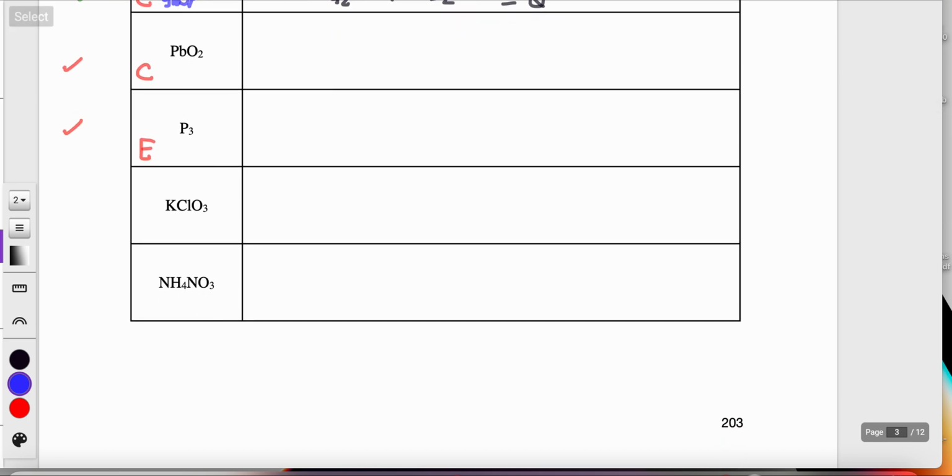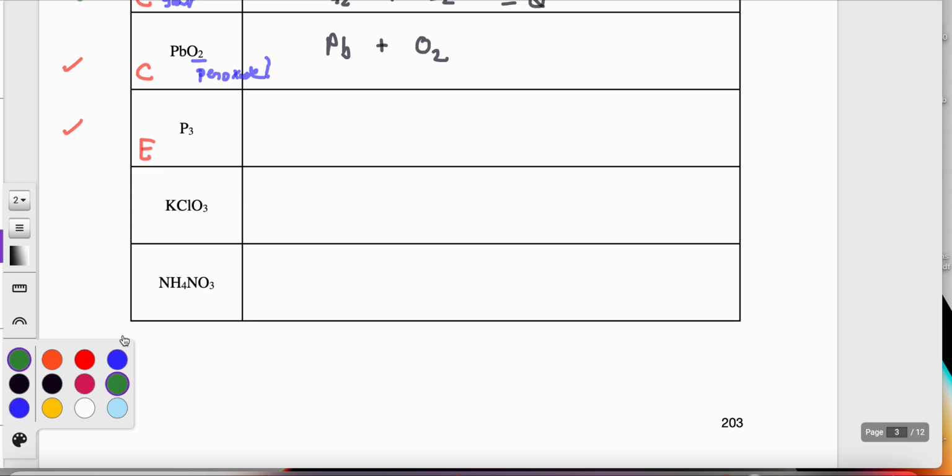When I take a look at the next example, like the one before it, I have a Pb, and it's forming a compound with oxygen, and there's 2 oxygens. So whenever my formula for oxygen ends in O2, I have to think, is this a peroxide? Okay, so what I have to do now is take a look.